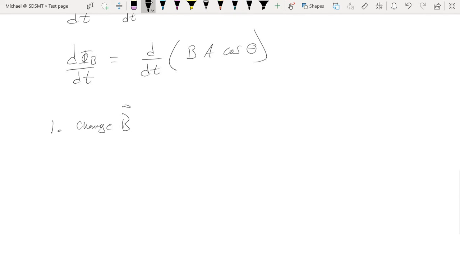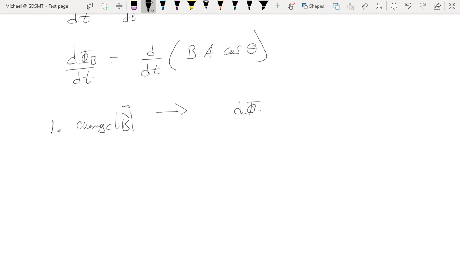Let's change the magnetic field magnitude. So we are going to carry our derivative through the parenthesis set, but the only thing that's going to change is the magnetic field. Everything else will be left alone. Everything else will be treated as a constant.